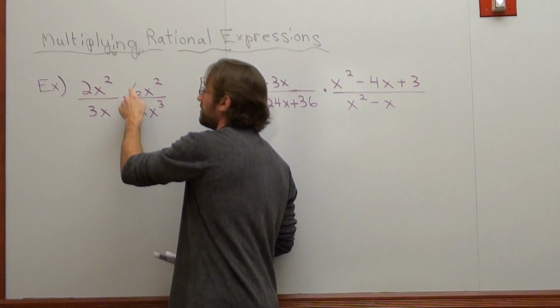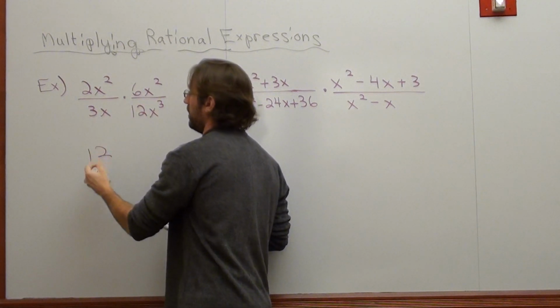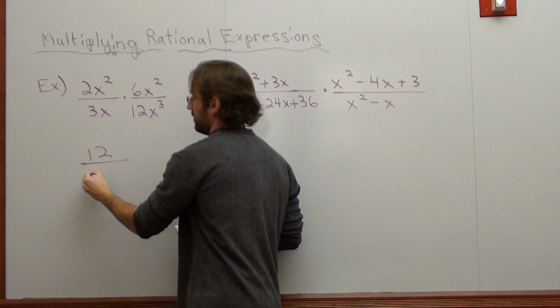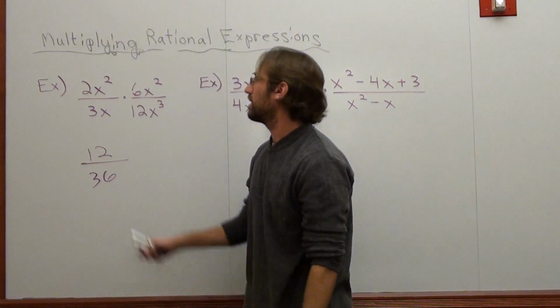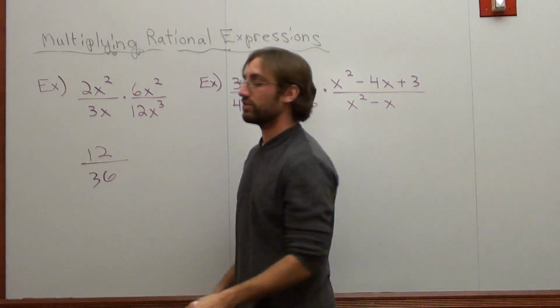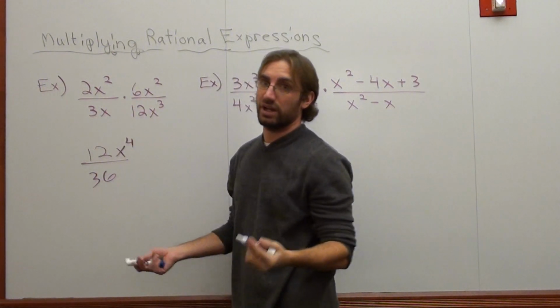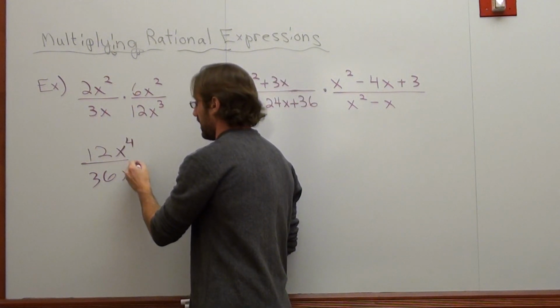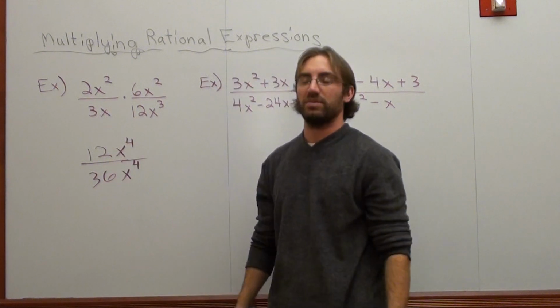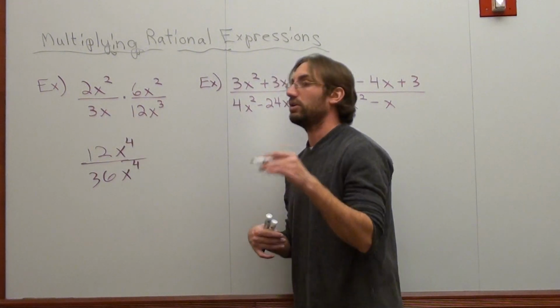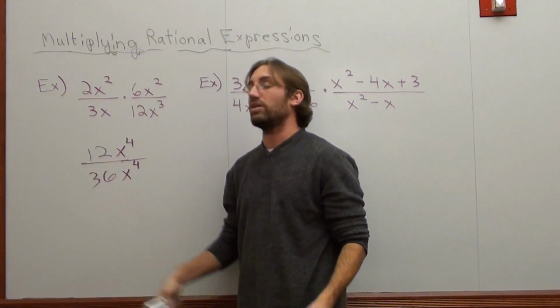So here we go. 2 times 6, 12. 3 times 12, 36. X squared times x squared, x to the 4th. X to the 1st times x to the 3rd, x to the 4th. Now, if I ask a student what 12 divided by 36 is, they're going to tell me 3. No, 36 divided by 12 is 3.